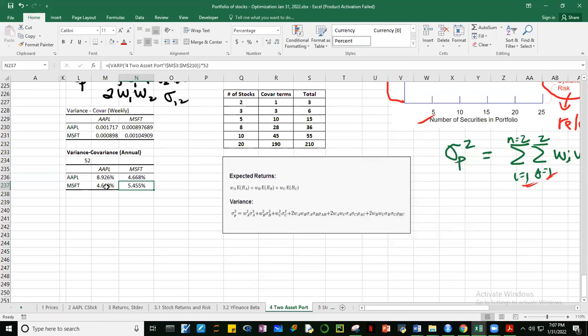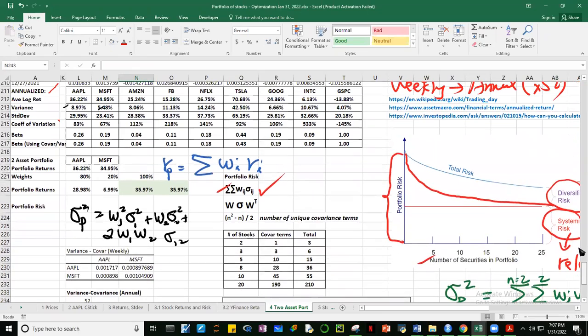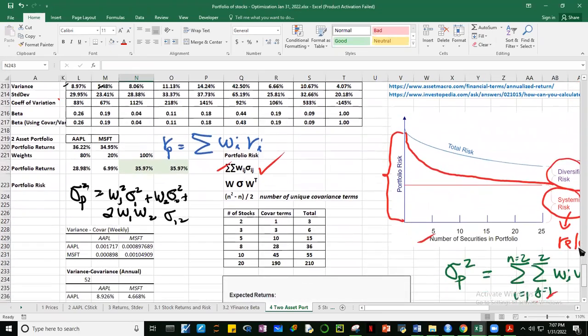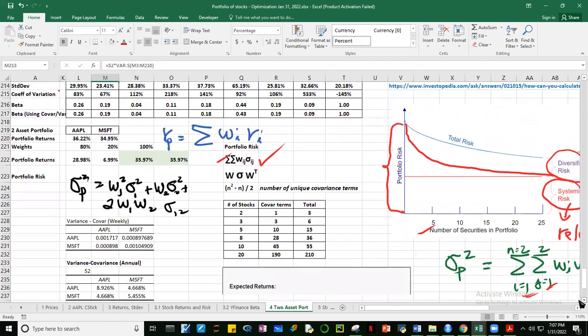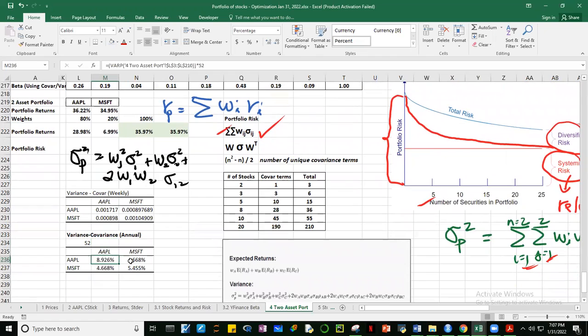And then the covariance of Microsoft and Apple should be the same, no? 4.668, they're the same. Okay, let's compare with the variances in our computation here. Our variance here is 8.97, 5.48. This one is 8.93, 5.67. Quite close, no? There's a slight difference because of rounding-off error. But it's okay. 8.97 up there, here 8.93.